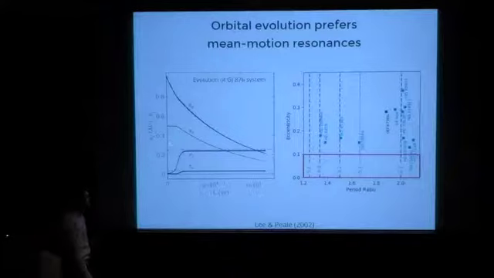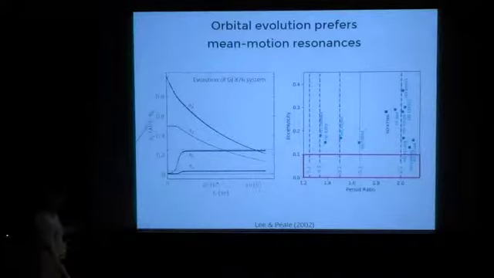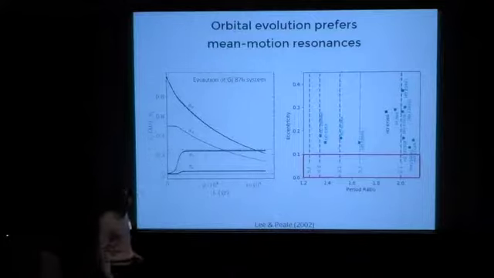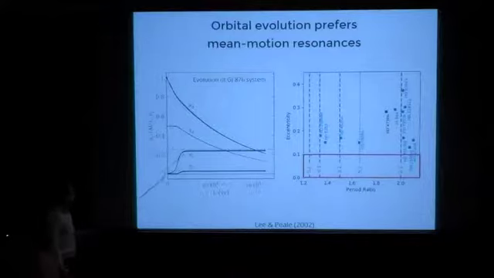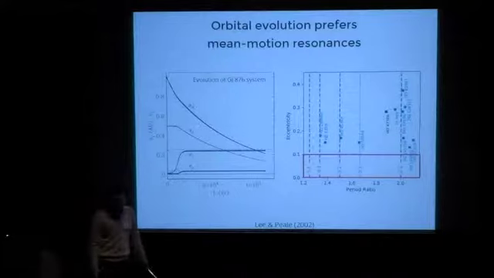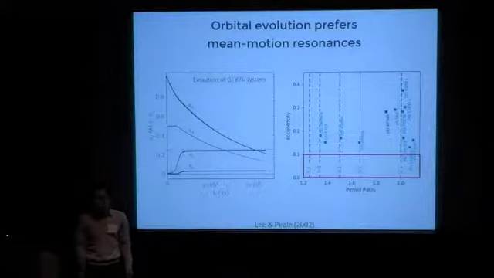This is the plot showing how you can form a pair of planets in mean motion resonance. You start from two planets out of resonance, well separated, but then they converge towards each other, and they get caught in mean motion resonance, in this case 2 to 1 as well. When they get caught, all other dissipation forces go into increasing the eccentricity, and you end up with two eccentric planets, but locked in mean motion resonance.